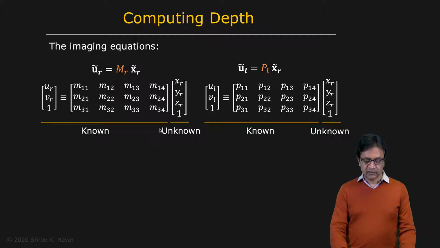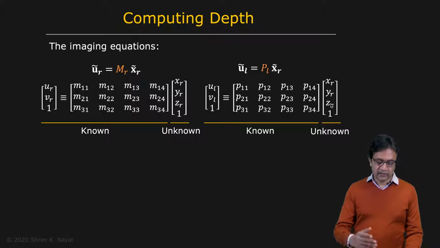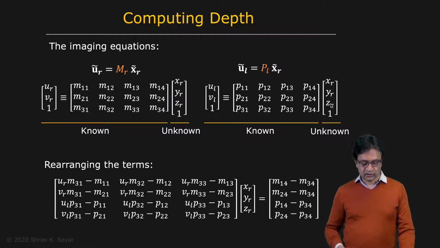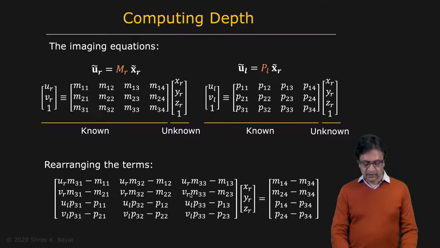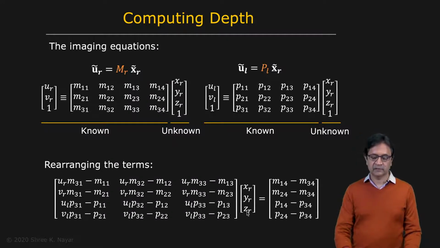And remember, so now we have all of this known to us. We don't know XR. Again, in this equation, all of this is known to us. We don't know XR. We can rearrange these two equations to get this system of equations right here. And in this system of equations, note that we have four. If you actually wrote these out, you would get four equations with only three unknowns, XR, YR, and ZR.